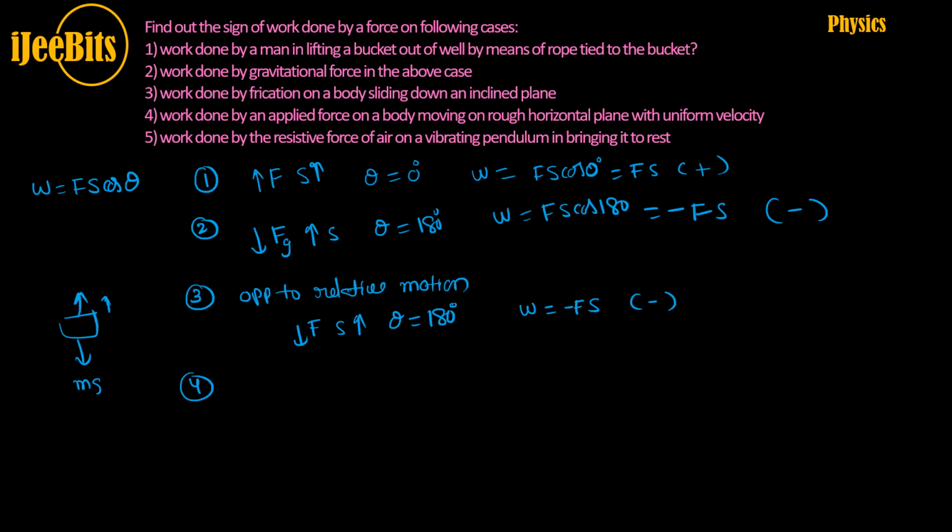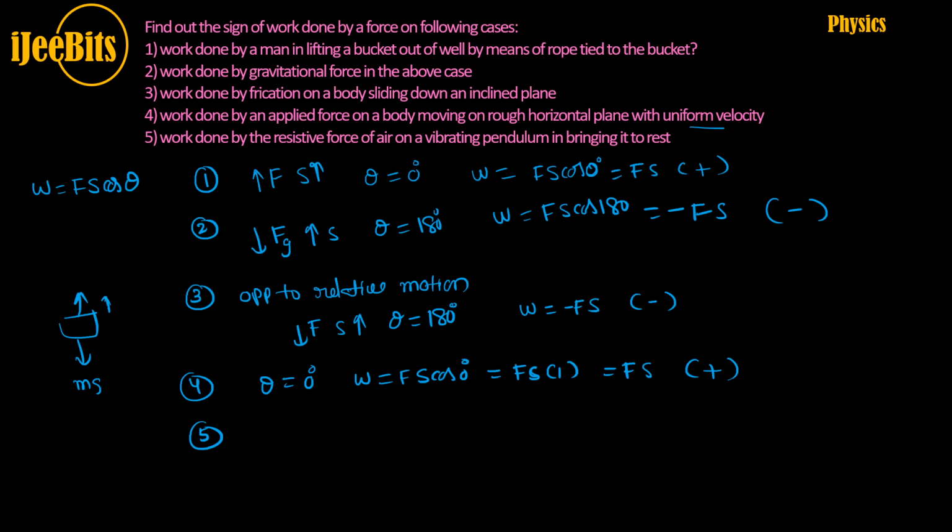If both are in the same direction, what would theta be? 0 degrees. And hence W is nothing but Fs cos 0. Cos 0 means 1, so Fs, which is positive. Clear? Sign is clear.